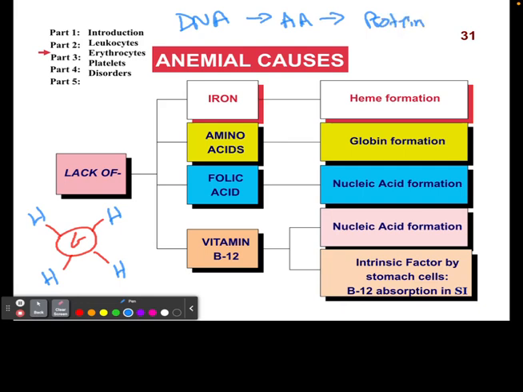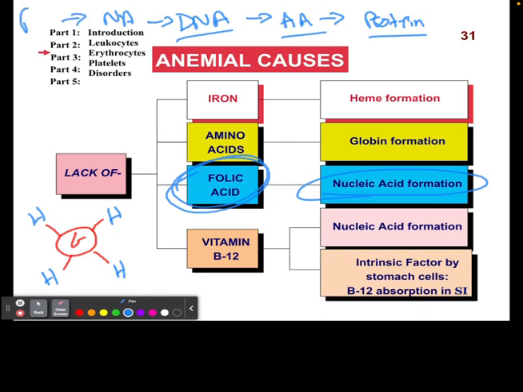Well, in this case, nucleic acids are what create the DNA. So if you are having challenges with your nucleic acids, you're going to have DNA problems, therefore amino acid problems, therefore protein problems, and therefore issues with your hemoglobin and therefore anemia. Why? Because folic acid is important for the nucleic acids to do their jobs.